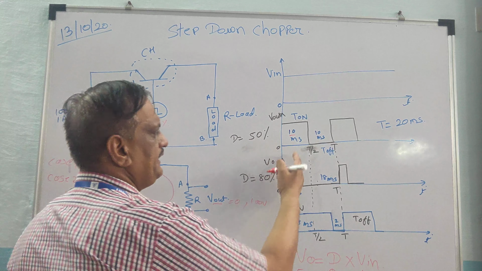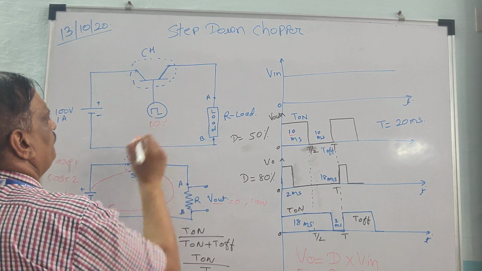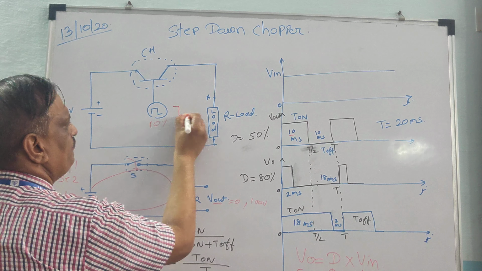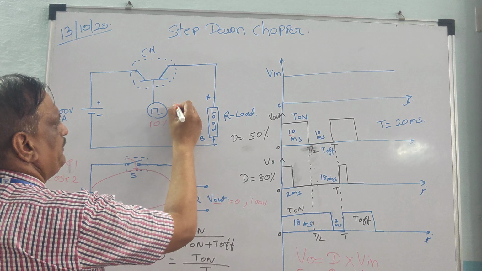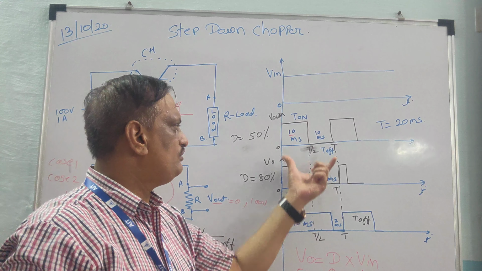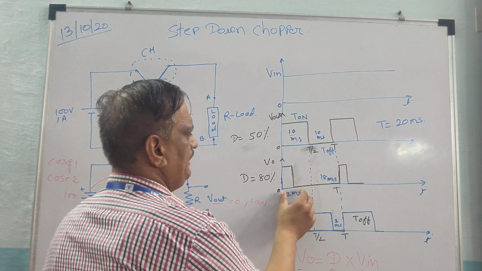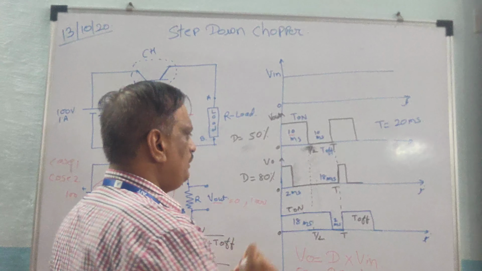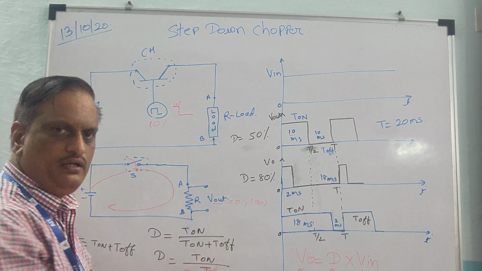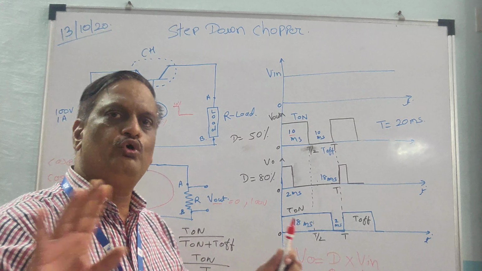Now consider the second case, when on time is 10%. Let us say in our case it is 2 millisecond, because our total time is 20 millisecond. So 10% is 2 milliseconds. My switch will be on for 2 millisecond, and for 18 millisecond my switch will be off.